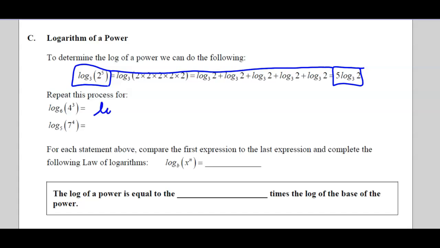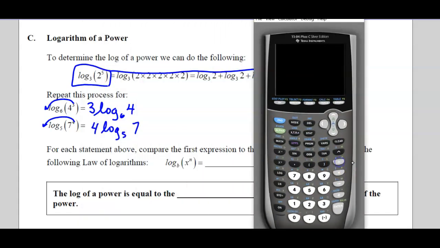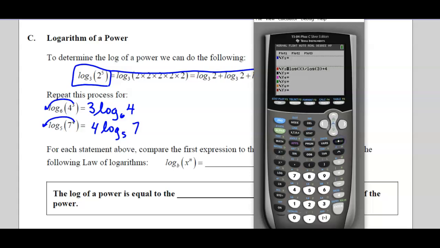Here, copy out, same base, copy out the base of that exponent. That 3 goes in front. Okay. That 4 goes in front. If you're not sure, you don't believe it, then let's do it.